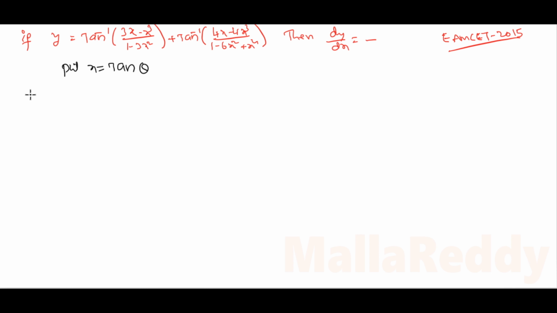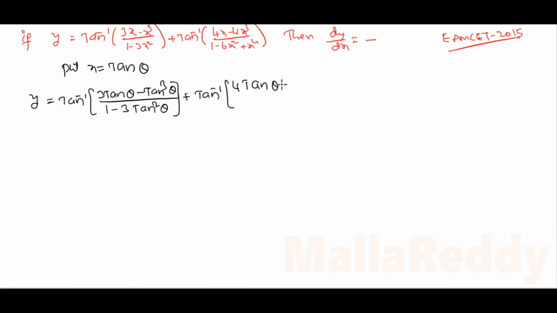Substituting this value in the given problem, y is equal to tan inverse of (3 tan theta minus tan cube theta) by (1 minus 3 tan square theta) plus tan inverse of (4 tan theta minus 4 tan cube theta) by (1 minus 6 tan square theta plus tan power 4 theta).